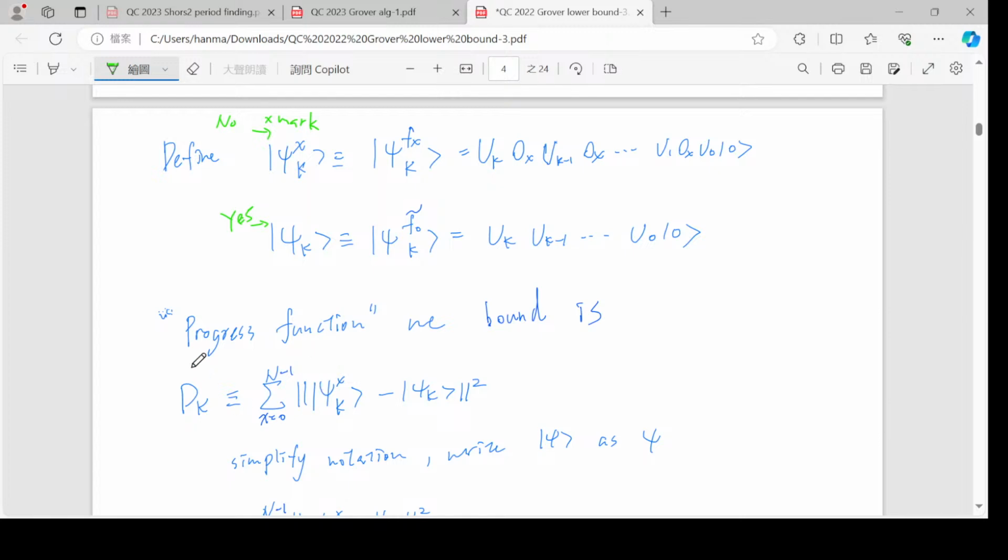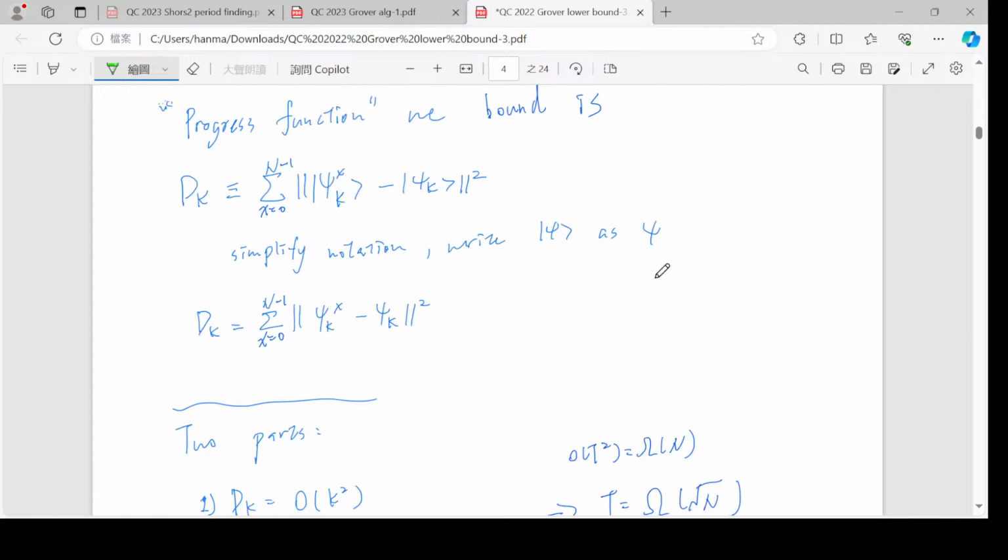And then we call this thing d sub k, where k is basically after k queries, k oracle calls. Although there is an extra unitary, so not precisely, but you can only get this after k oracle calls. And then we get a bit more lazy, so we don't even write the ket here. So we just get rid of the ket, and our d k is the norm squared of psi x k minus psi k, summed over all x.